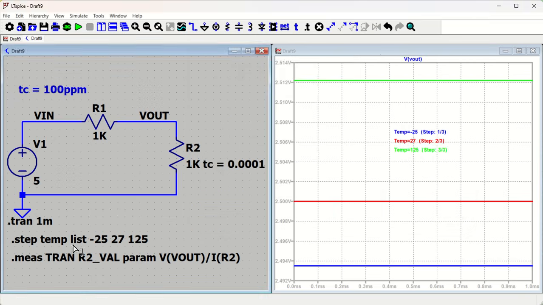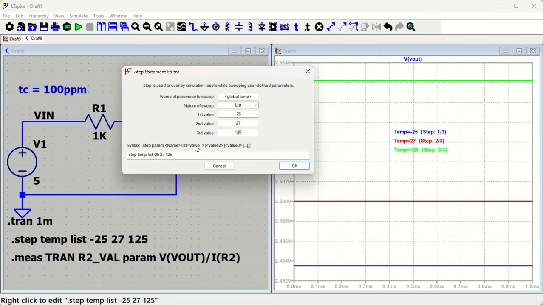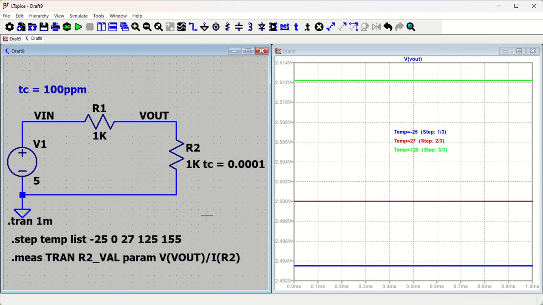So let us say if you want to vary this to some other values, let us say you want some value at 0 also, and some value at 150 degree centigrade also. In the data sheet you will see generally it can work up to 155 or something like that. So we have increased it to 155. Now if you see, two more values will come. So this was at 125. My 155 value will be more than 2.512. Okay, so let's run that.